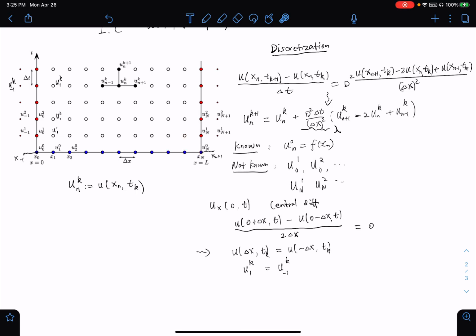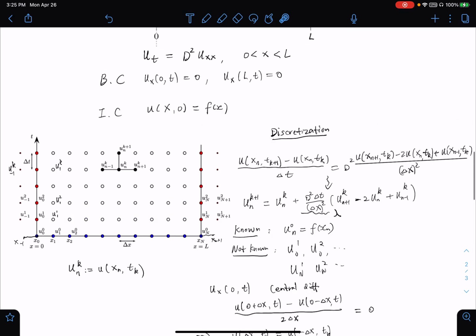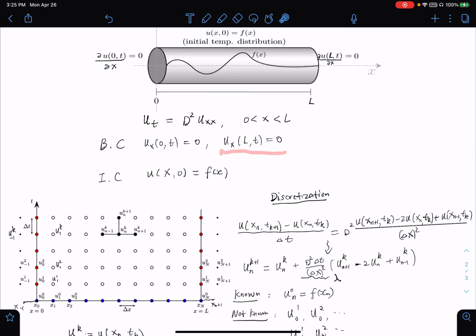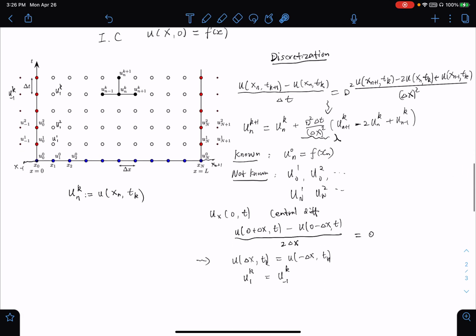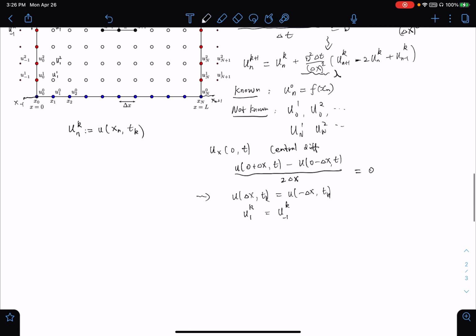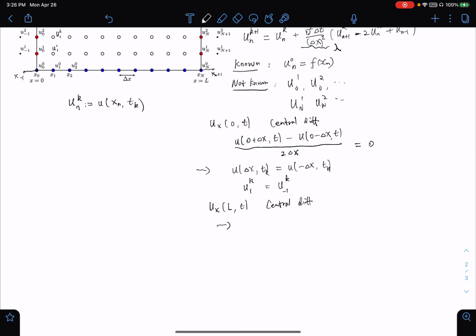And then, what about this value? Remember, we also have the boundary condition at x equals L. So in particular, using the same idea, u_x at L and t, with the central difference formula, we can derive that u at, for example, L plus delta x and t is equal to u at L minus delta x and t.